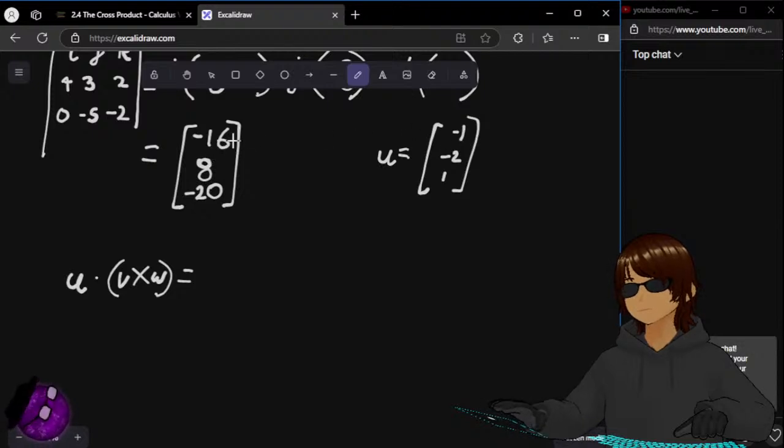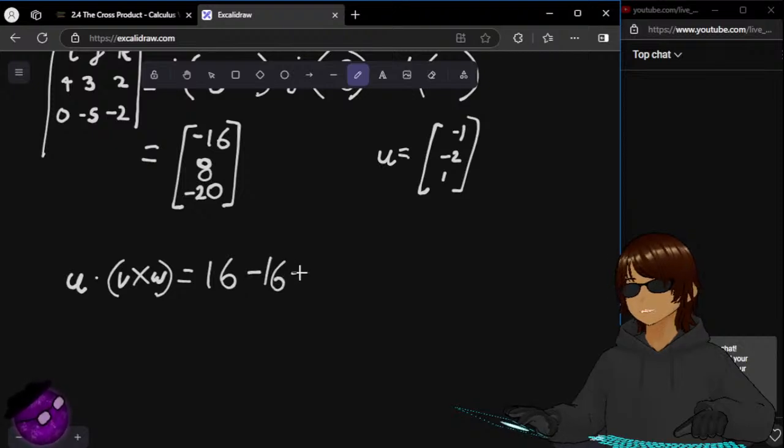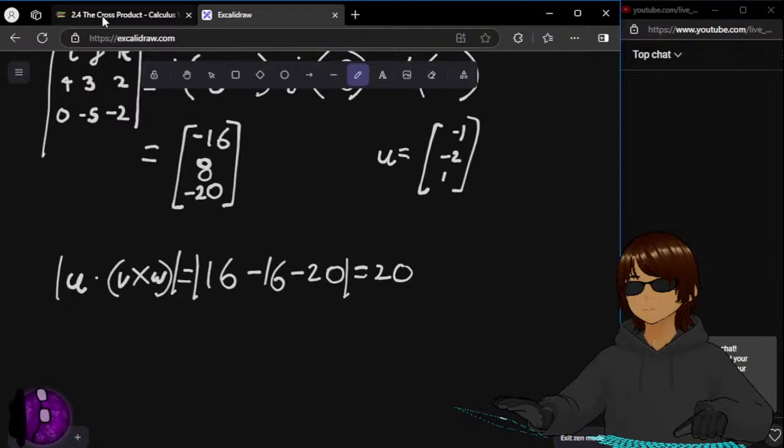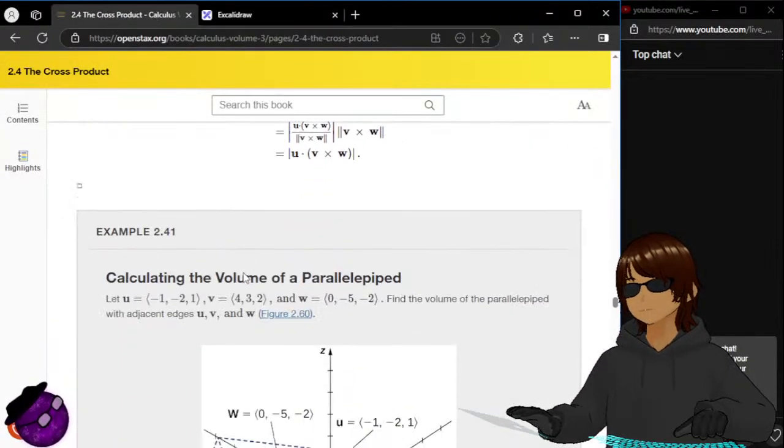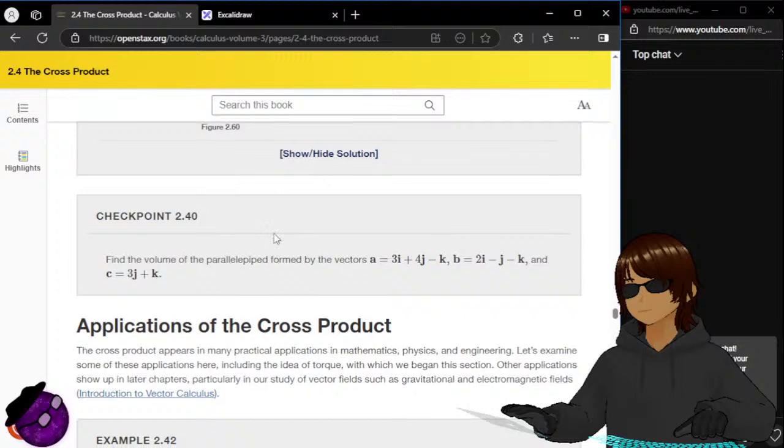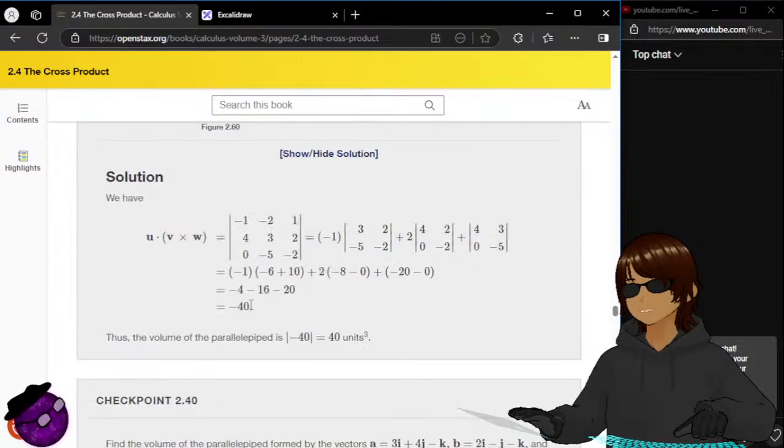So we have 16, plus, or actually minus 8 times 2 is 16, minus 20. And wait, we do like this, we get 20. Nope, it's a minus 40. So where did I make a mistake?